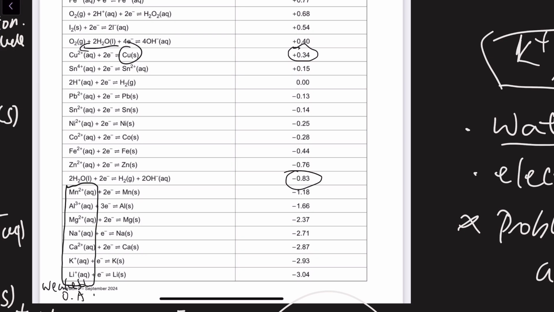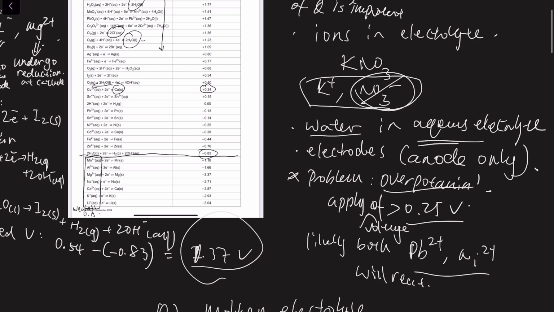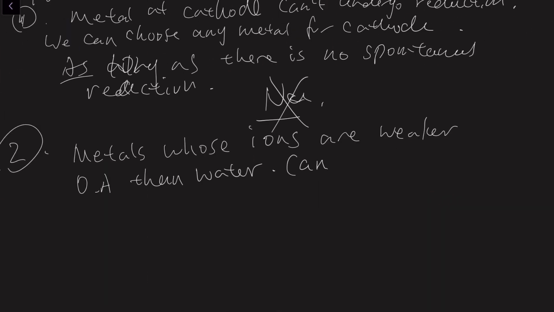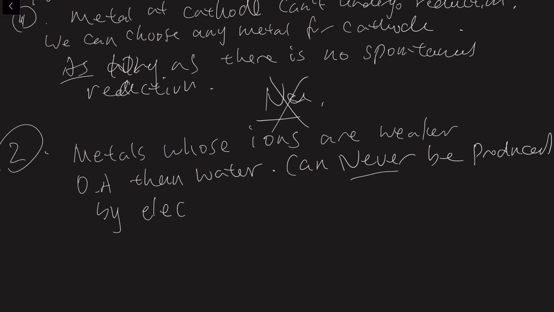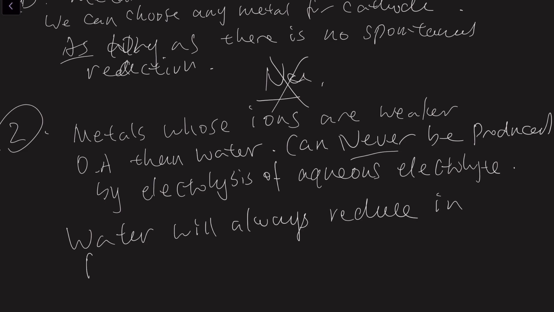Those species, lithium ion, potassium ion, sodium ion, aluminum ion, all those things below water, can never be produced by electrolysis of an aqueous electrolyte. Water will always reduce in preference.